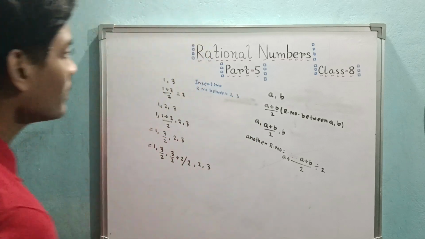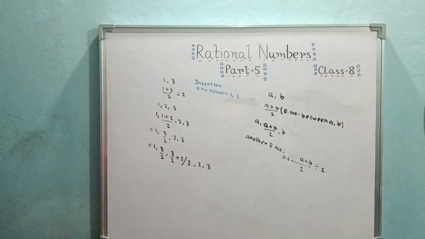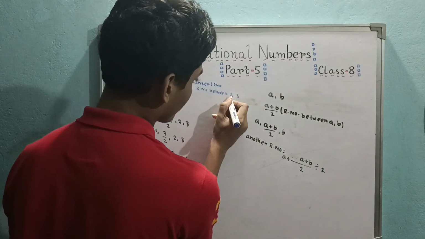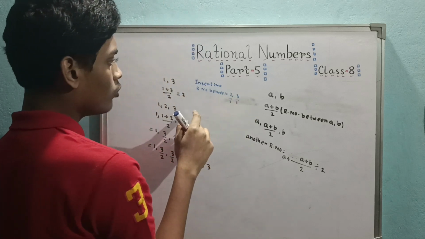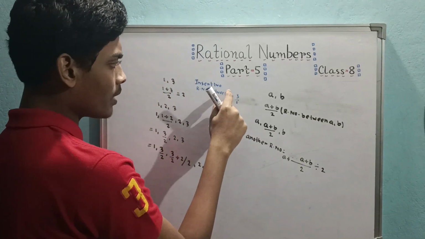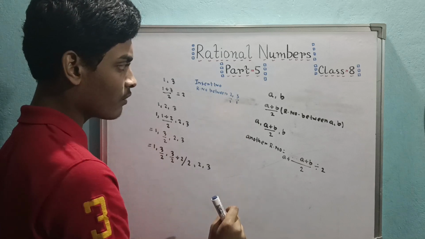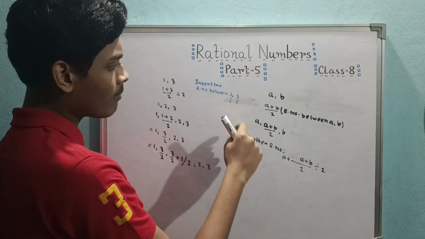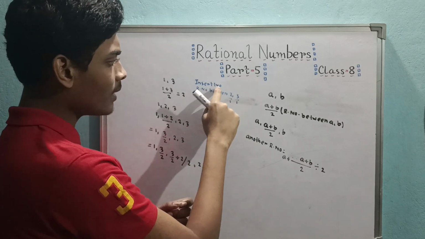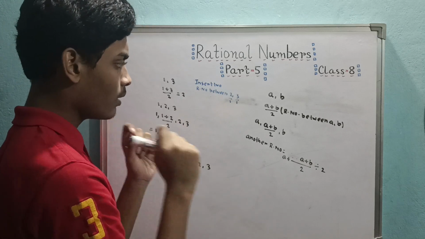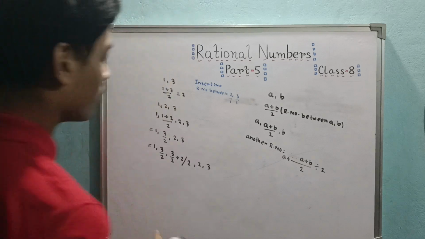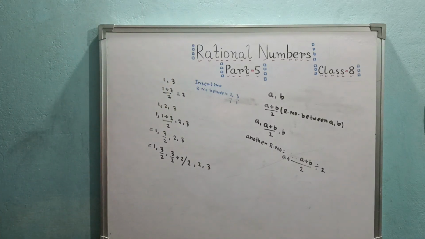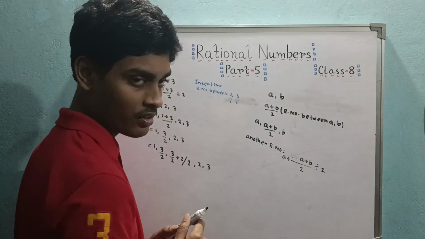So you have been told to insert two rational numbers. What you can do, see this is 2 by 1, this is 3 by 1. So you have to multiply the numerator and denominator of both of these numbers by a number greater than the number of numbers required to insert between these two rational numbers. I am trying to explain. See, here I have 2 by 1, 3 by 1.